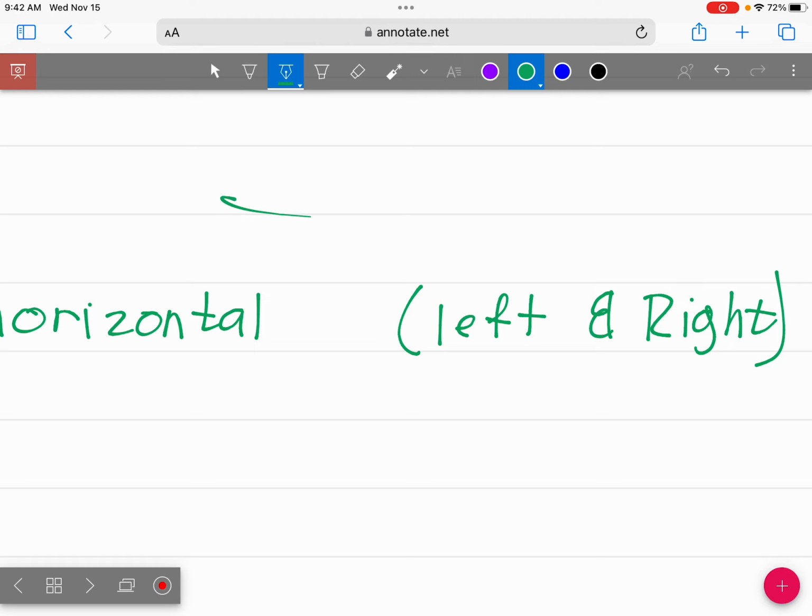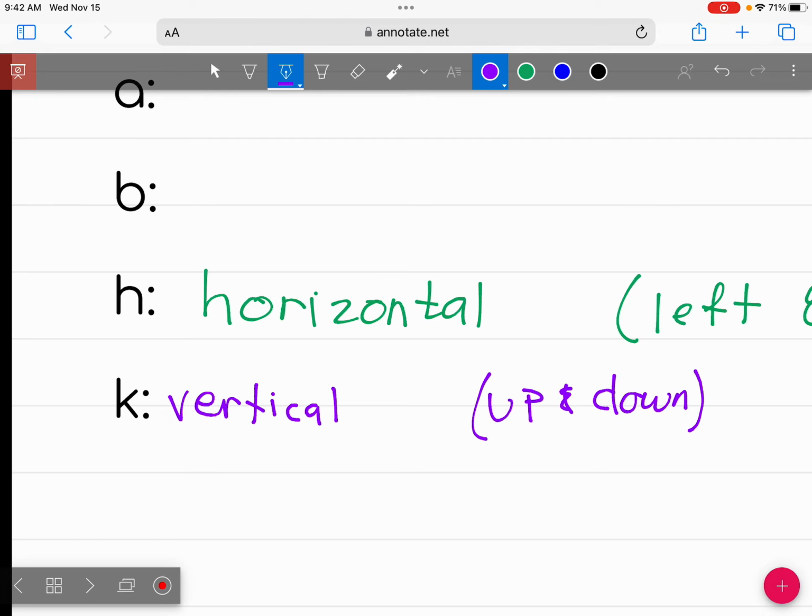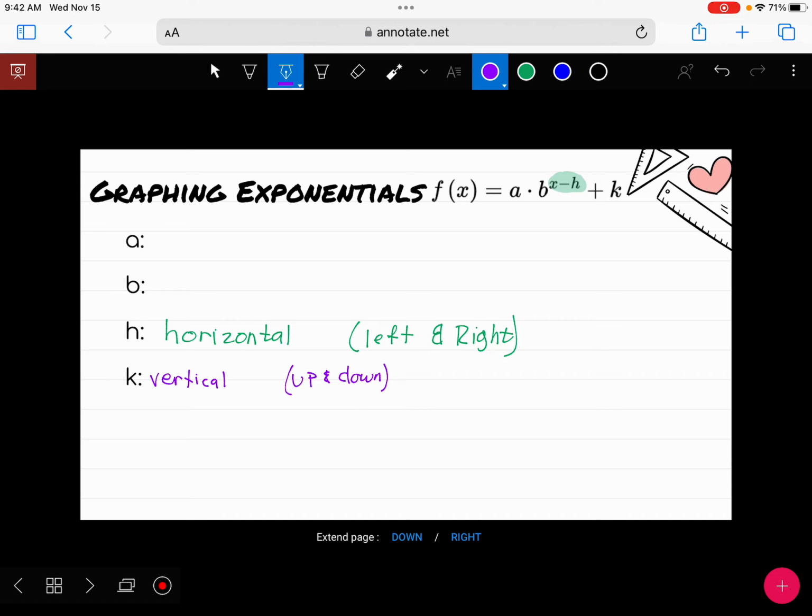What does K do? Up and down. That is our vertical transformations. Goes up and down. And that one does not change signs from what's in the expression. It's exactly what we think it's going to be. Added on the end over here.